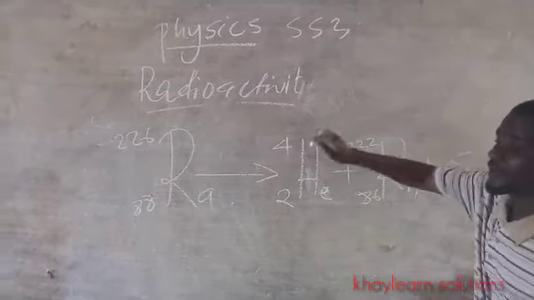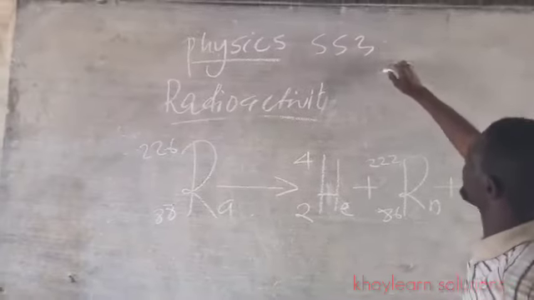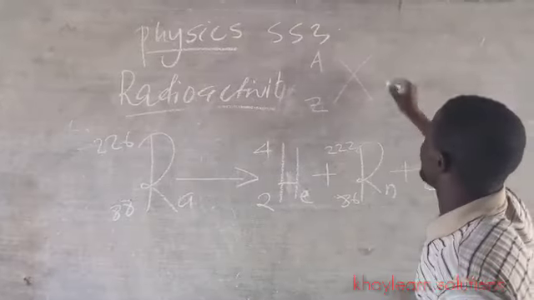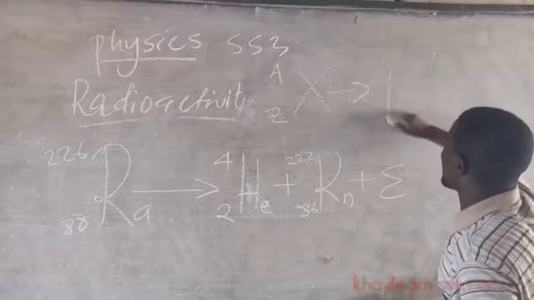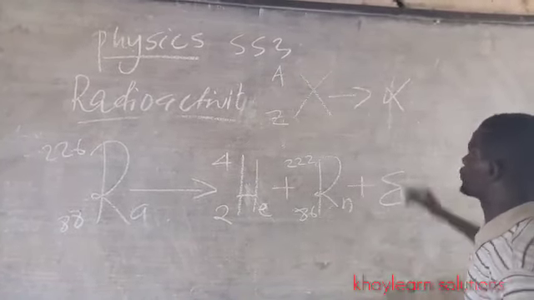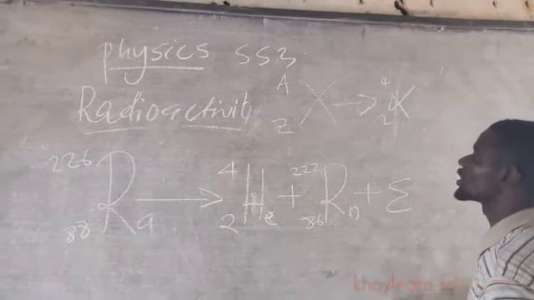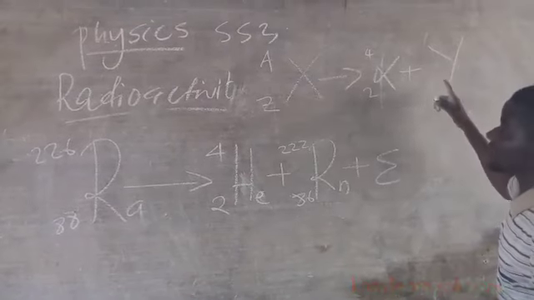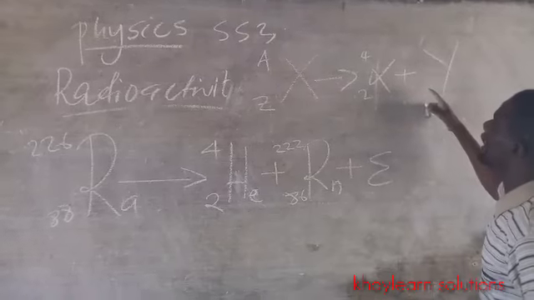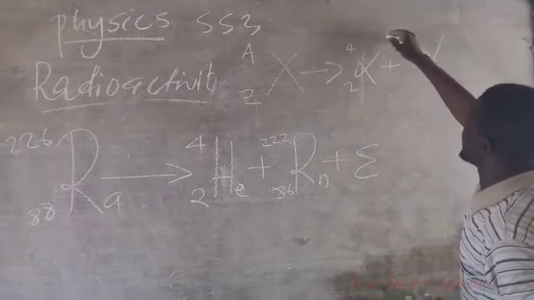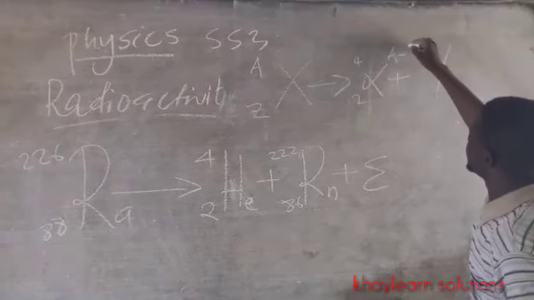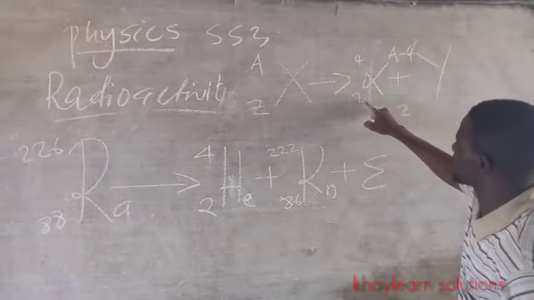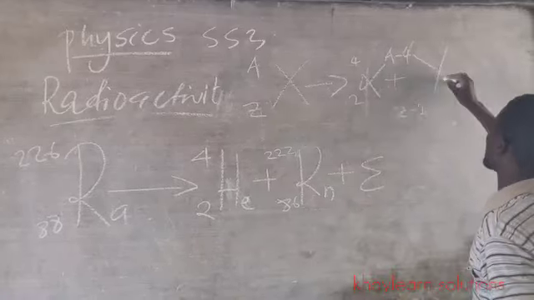In every natural transformation, assume you have a substance X with mass number A and atomic number Z. Once it decays, it will produce an alpha particle with mass number 4 and atomic number 2, and another substance Y. This substance will have a mass number of A minus the mass number of the helium, which is 4, and an atomic number of Z minus the atomic number of the alpha particle, which is 2, plus energy.